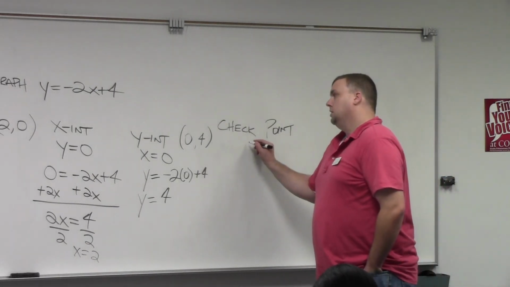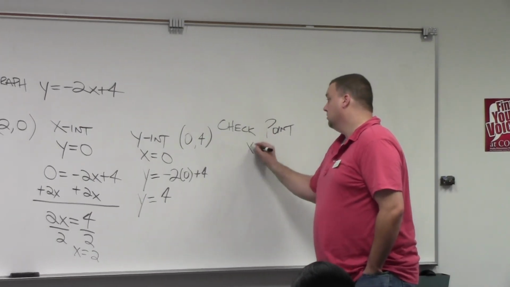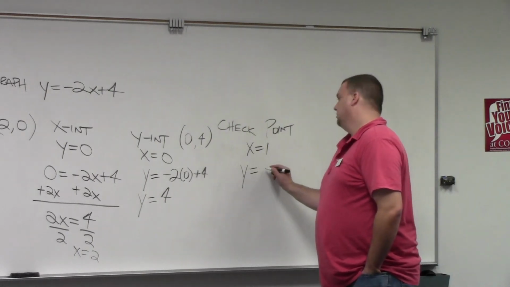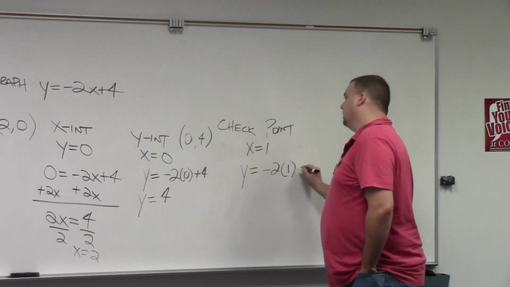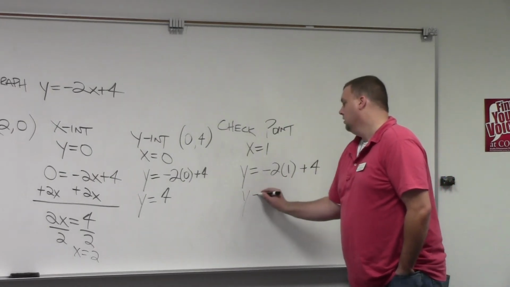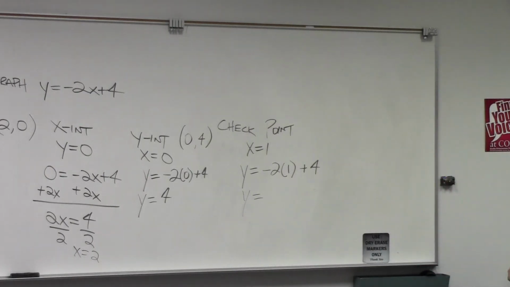Somebody said 1, somebody said 3. It doesn't matter, whatever you want. Let's go with 1. You can plug in either one, it's going to come out to be a whole number. Are checkpoints gonna be on the x all the time?